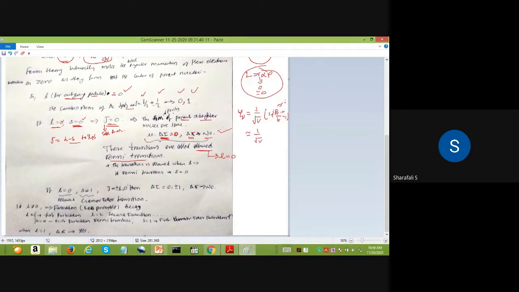So we can say that these are the allowed Fermi transitions, where you have L equal to 0 and your S is also 0. So this is the condition for the allowed Fermi transition.